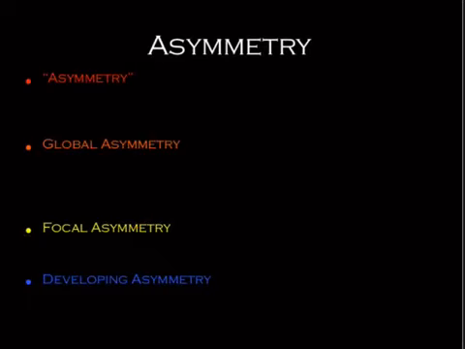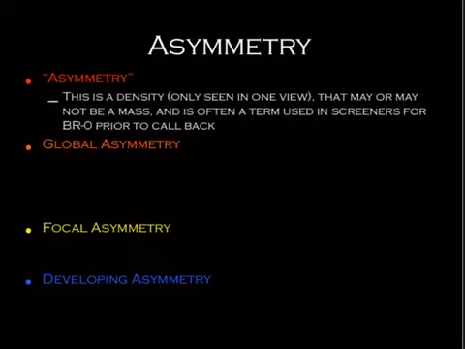The word asymmetry is used a lot in mammography. There's a whole bunch of different kinds of asymmetry. Basically, a plane asymmetry is a finding that's only seen in one view. So remember we were going through those problem-solving scenarios where you only see a lesion in the CC view, or you only see the lesion in the MLO view.